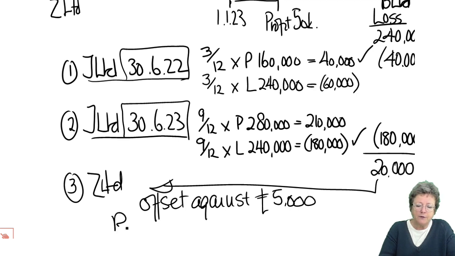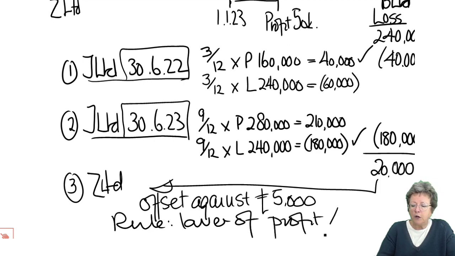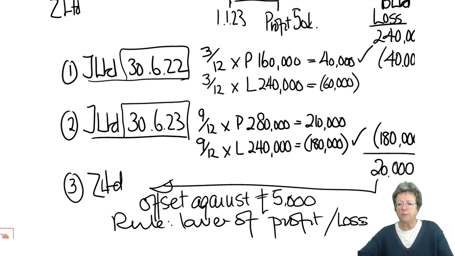So the rule is it's the lower of the profit or the loss in the corresponding period. That's how that works.